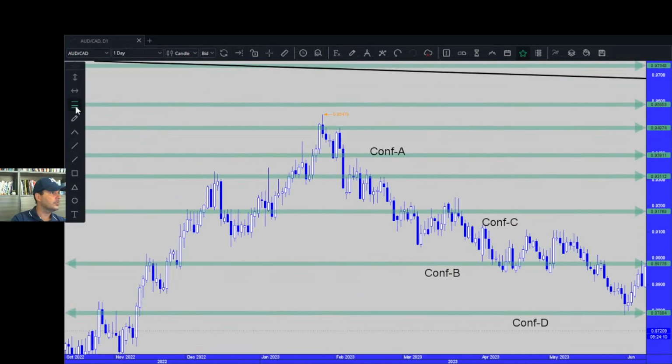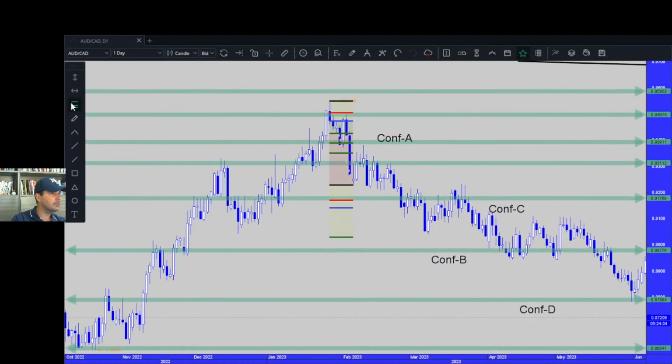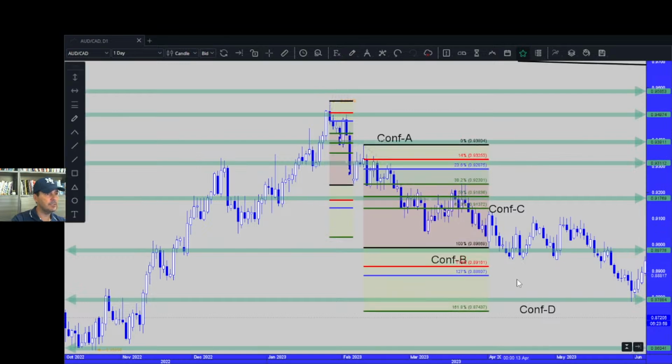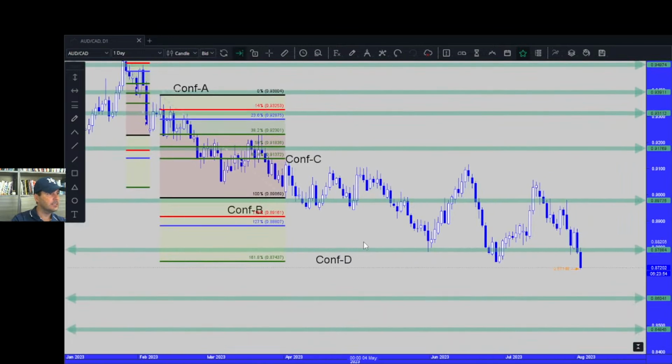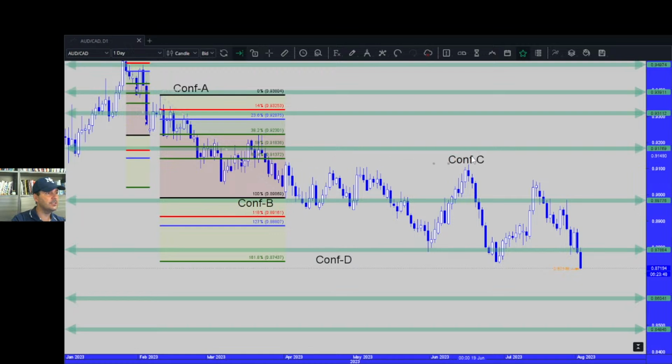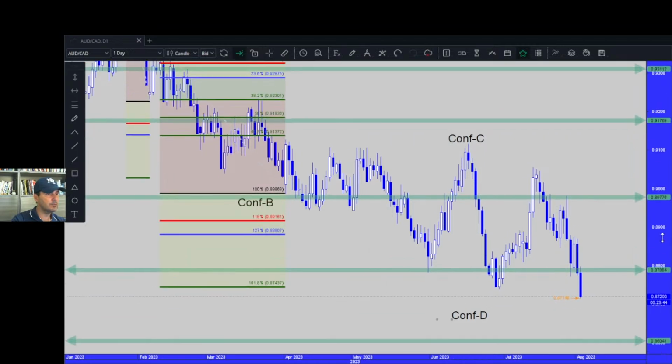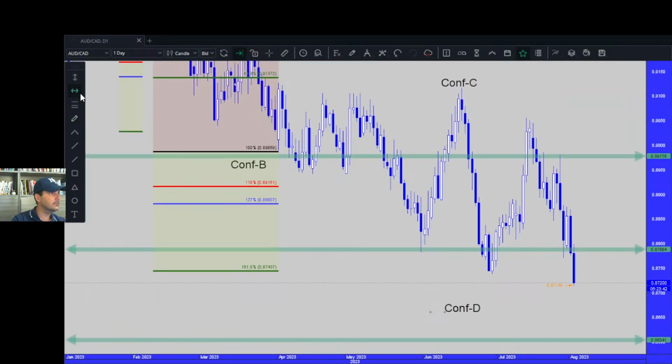All right. So low, again everybody, need to double check. I'm not sure if this is the Fibonacci of the confirmation or the original one. So ABCD and confirmation A, confirmation B, confirmation C, I believe is this one. And again, not sure about this one everybody, give me a second.